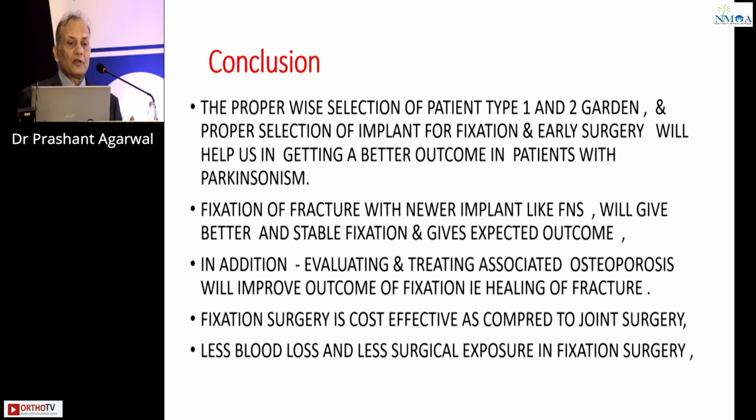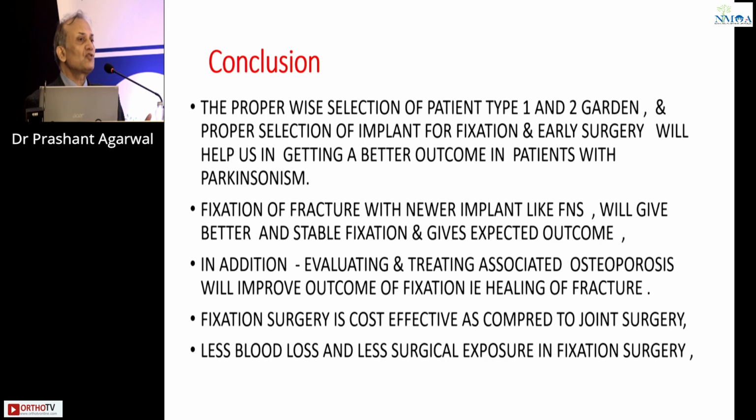In conclusion, proper selection of the patient with good bone quality is needed, and it depends on the type of fracture. Type 1 and type 2 can definitely be fixed with the implant, and we can avoid doing an expensive surgery like arthroplasty. Arthroplasty is definitely an option for type 3 and type 4 fractures, but fixation definitely has a role if bone quality is good and we can have a better, stable fixation.